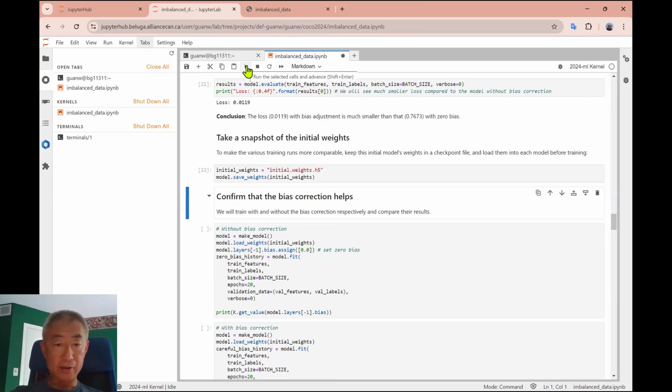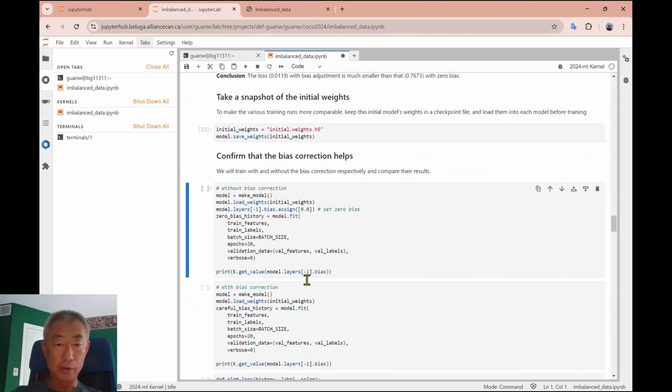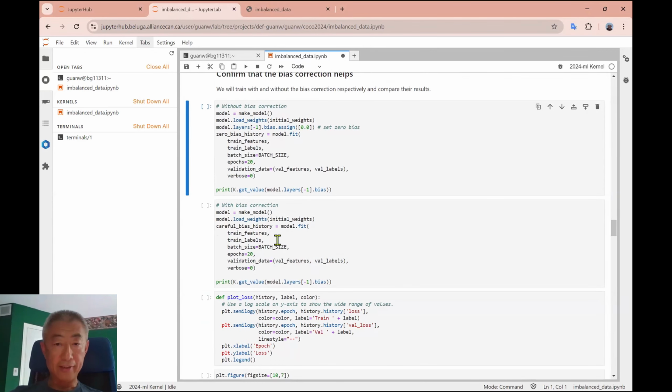We are gonna confirm that bias correction really works by training it. So you see these two blocks. In the first one we make a model, load the weights from the snapshot, and then we assign the bias back to 0, because in this initial weight, the bias has already been adjusted.